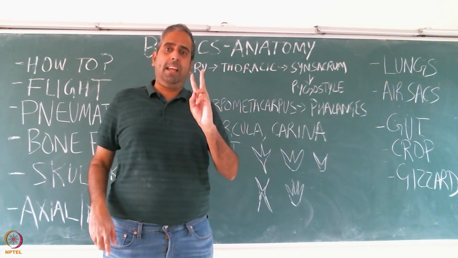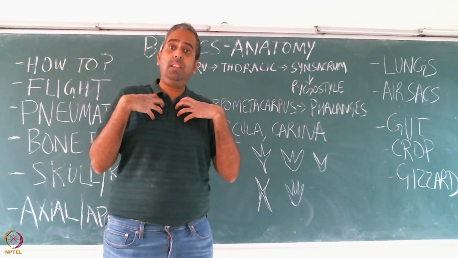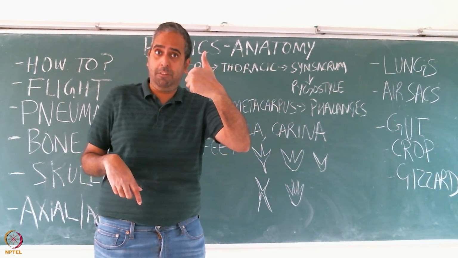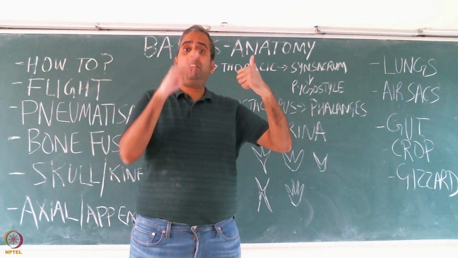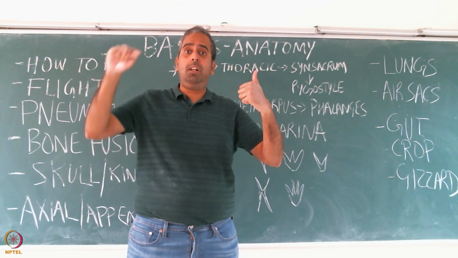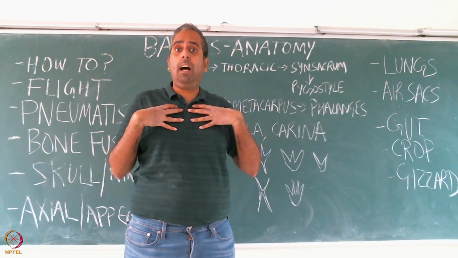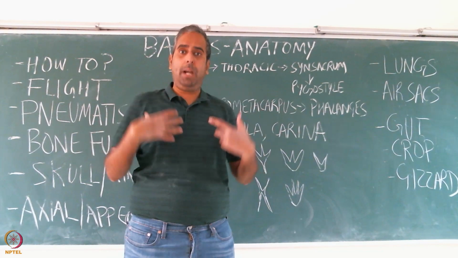So there's two things. It means that the same volume of air stays inside the bird for longer, which means that the bird can absorb more oxygen out of it. Secondly, it means that the flow of air is unidirectional. So there is no tidal mixing of air, like our own lungs. For instance, in our own lungs, old air and new air mix with each breath.